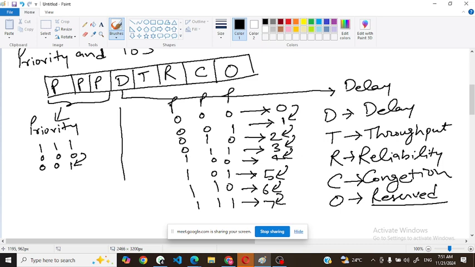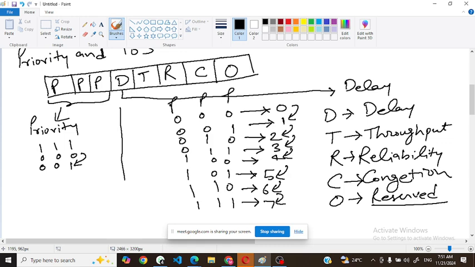Throughput means how many packets we are sending and how many packets a receiver is receiving. Higher the throughput means higher the receiving chance. If it is 100%, it means no data packet loss. Getting my point?